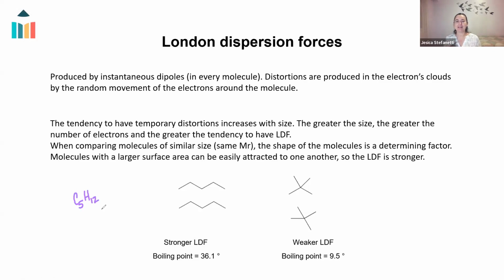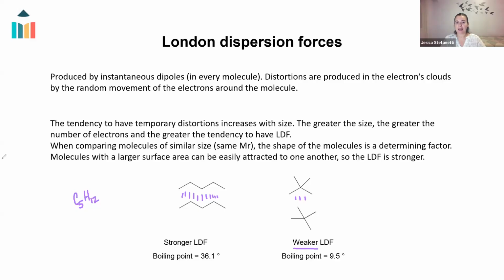You have many branches there, many side chains. The interaction of the molecules is not the same. Pentane can interact through all this space here. But if you think about the second one, the interaction is not as easy as on the first one. So the London dispersion forces on the second one tend to be weaker. And so, for example, it's easier to melt them.